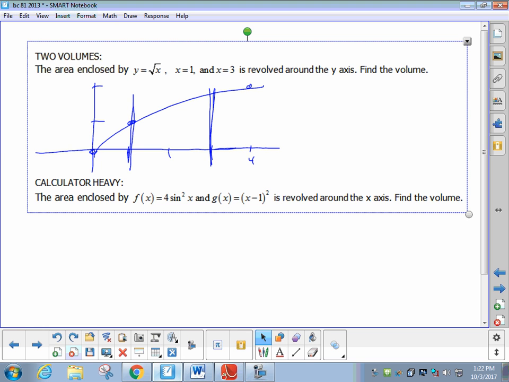Did I not include the x? I should also include the x-axis. Darn it, sorry. And the x-axis. Okay, so you're looking at this sort of trapezoidal region with me?